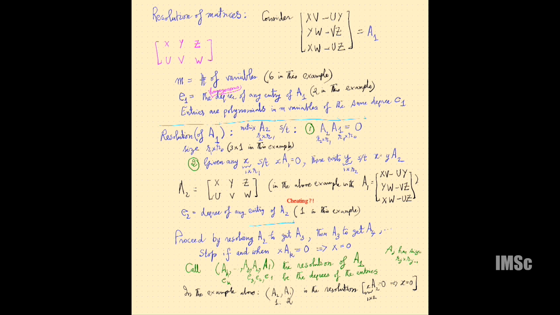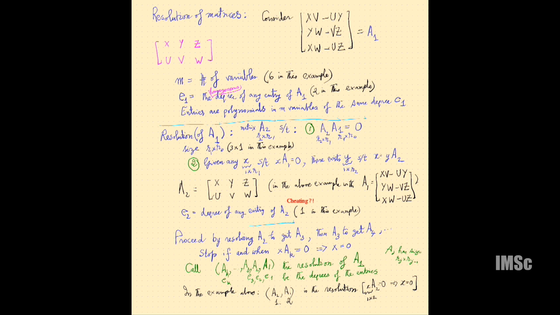Now A2 in this example for A1 is this matrix. You can check that x, y, z times this is 0, and u, v, w times this is 0. I've put here cheating. The fact that A2 times A1 is 0 just follows from the fact that these are the 2 by 2 minors of this matrix.